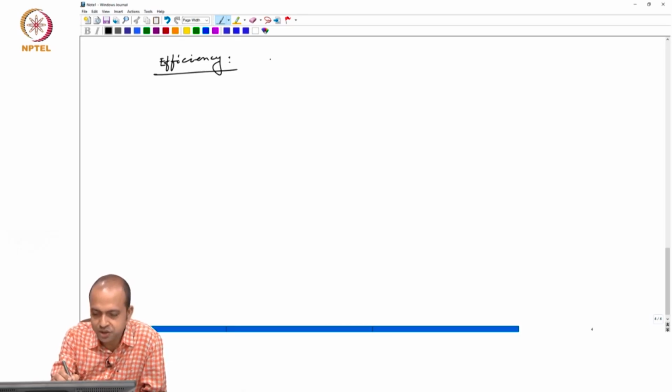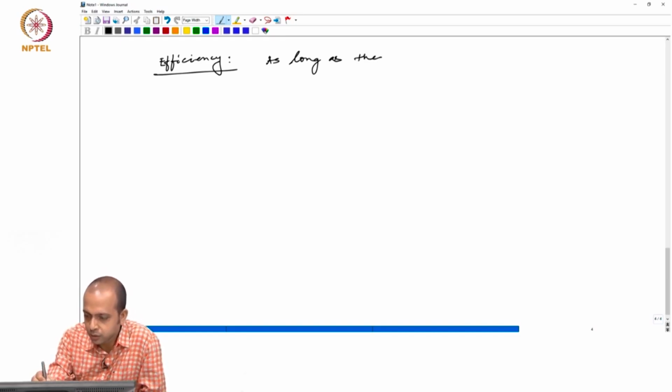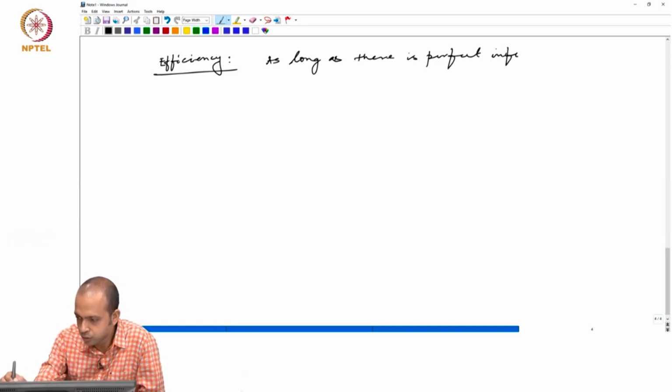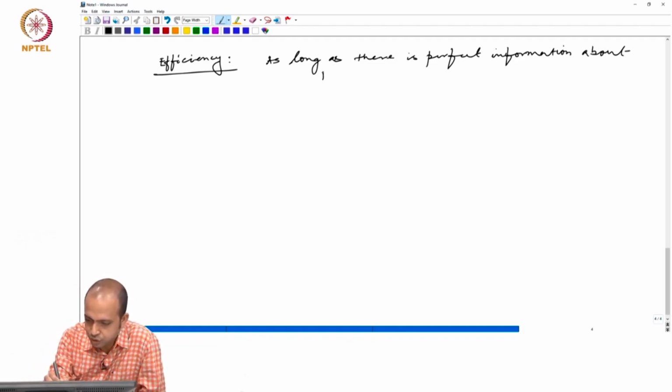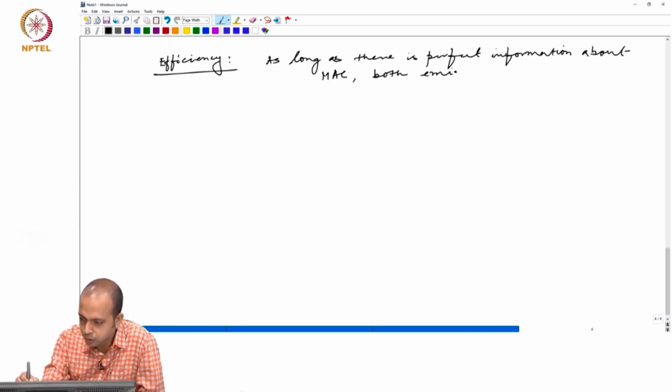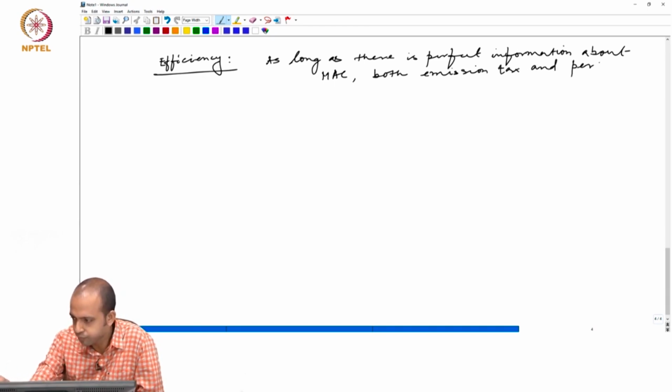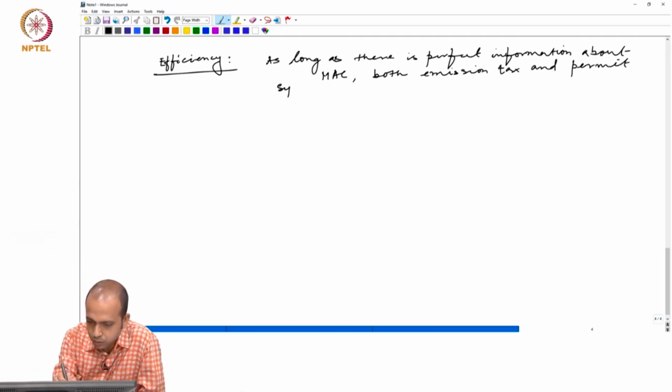The economists say that as long as there is perfect information about marginal cost of abatement, or marginal abatement costs, both emission tax and permit system are equally effective.